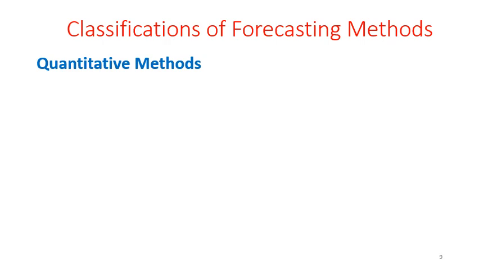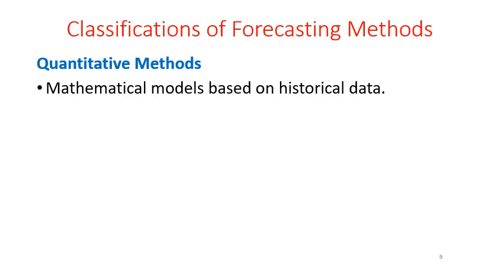The second classification is the quantitative methods. In qualitative methods, we saw that it is purely judgmental and opinion oriented. In quantitative methods, we are using mathematical models based on historical data. The actual situation is first studied.